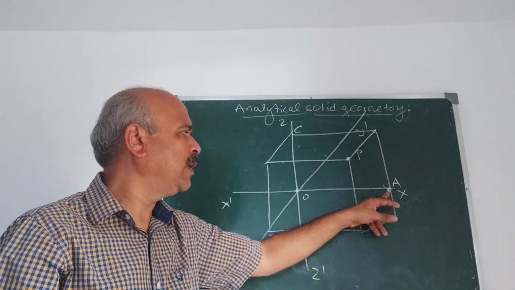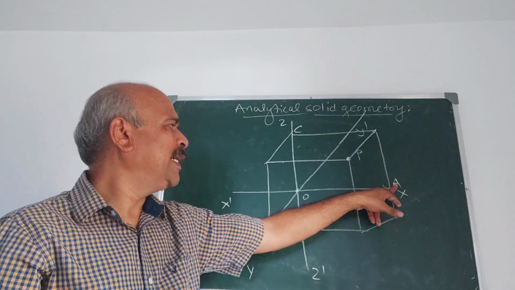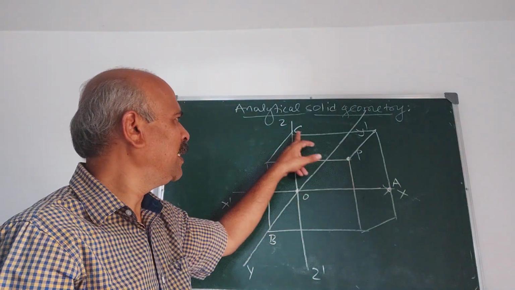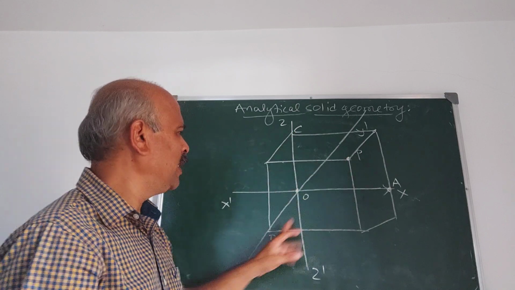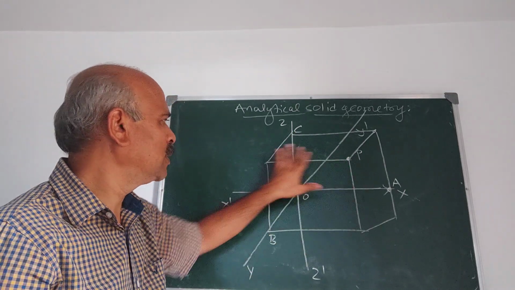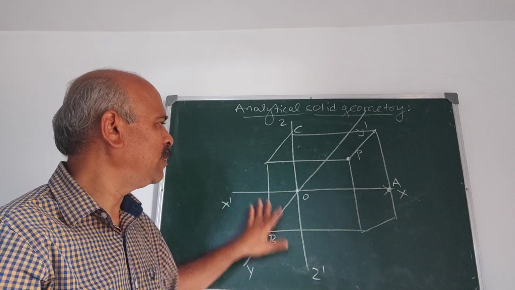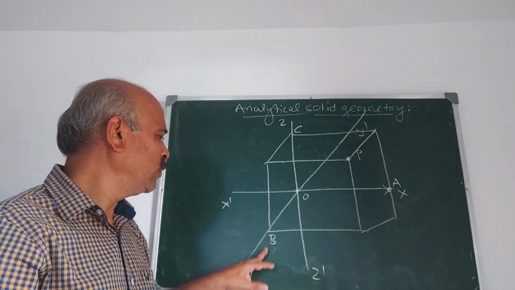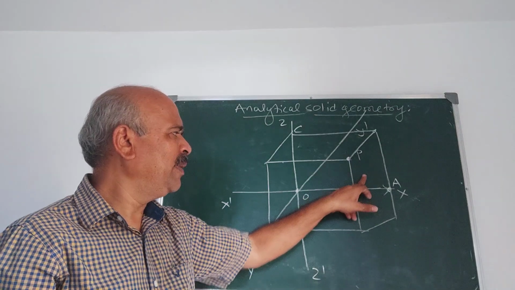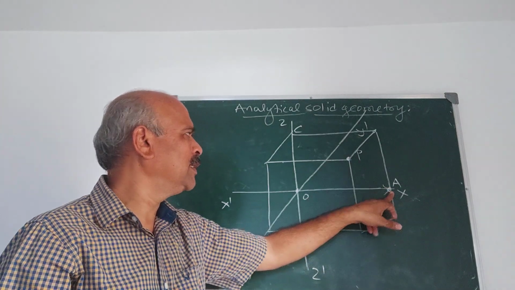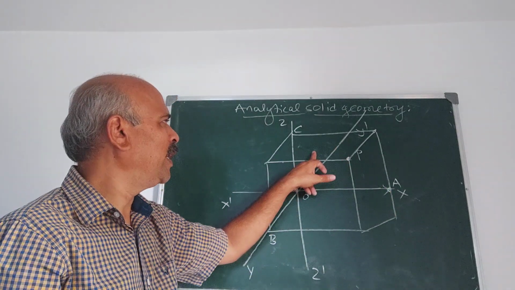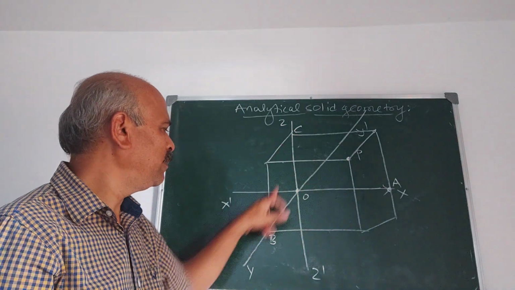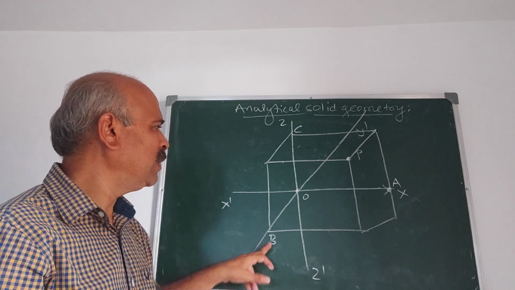This plane is perpendicular to the x-axis and meets it at A. And this plane meets at C. This plane, this rectangle, meets the y-axis at B. This plane meets the x-axis at A, this plane meets the z-axis at C, and this plane meets the y-axis at B.